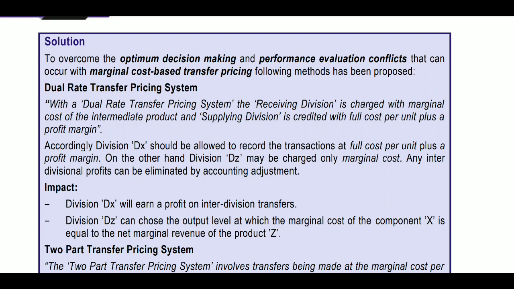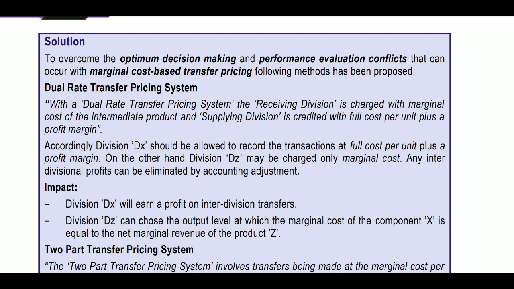So the receiving division will record only the marginal cost of the intermediate product, and the supplying division will be credited only the full cost per unit plus profit margin. Accordingly, division DX should be allowed to record the transactions at full cost per unit plus profit margin, and on the other hand DZ, the receiving division, will record only the marginal cost. Any interdivisional profits can be eliminated by accounting adjustments.